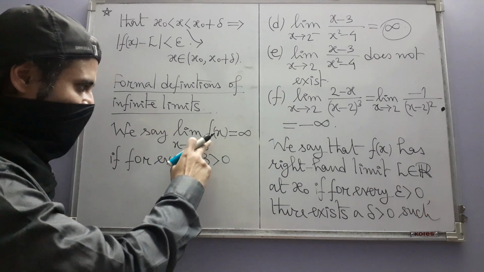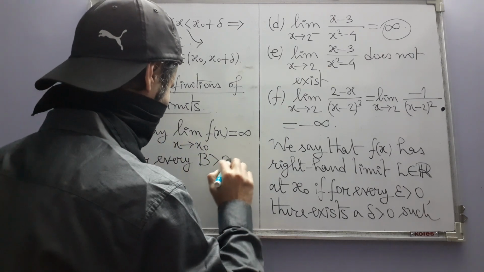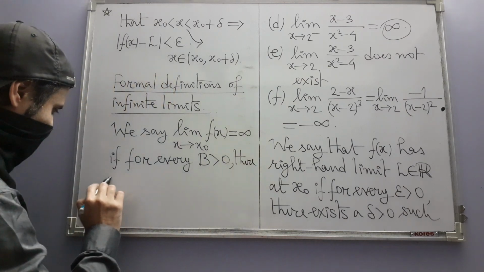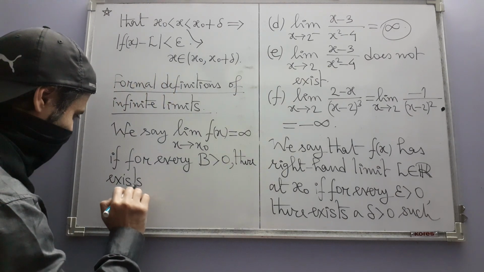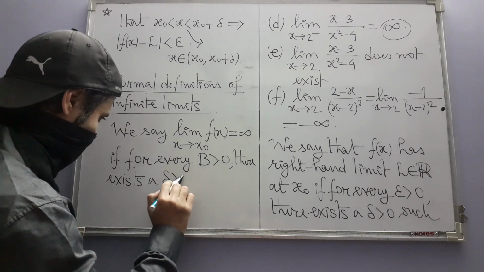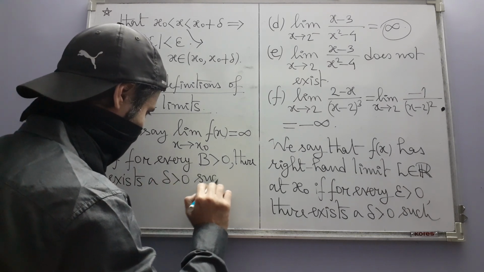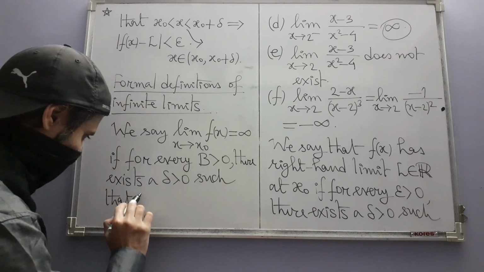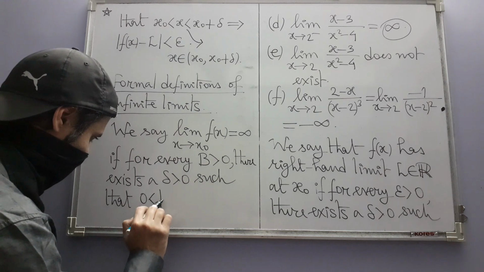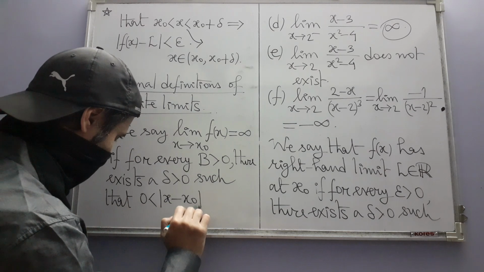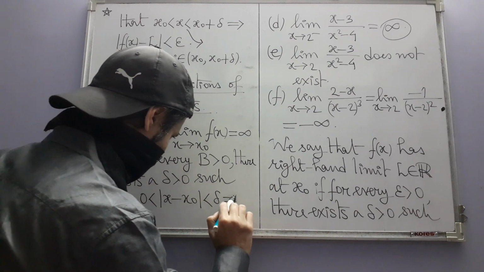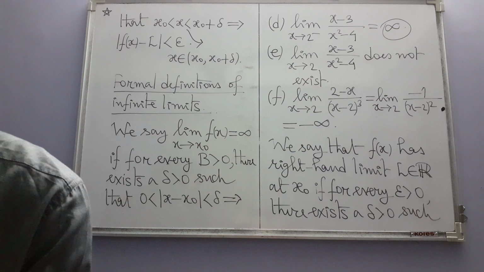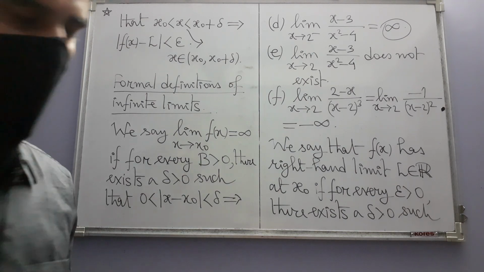Yes, if you can, then this is the situation. There exists a delta greater than 0 such that, implies, but this time, f of x is greater than b.